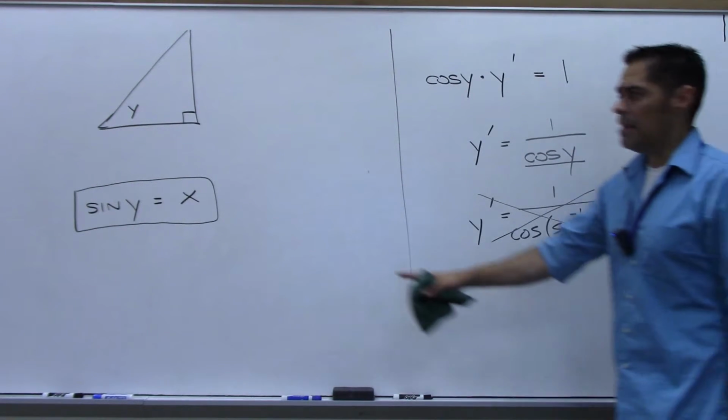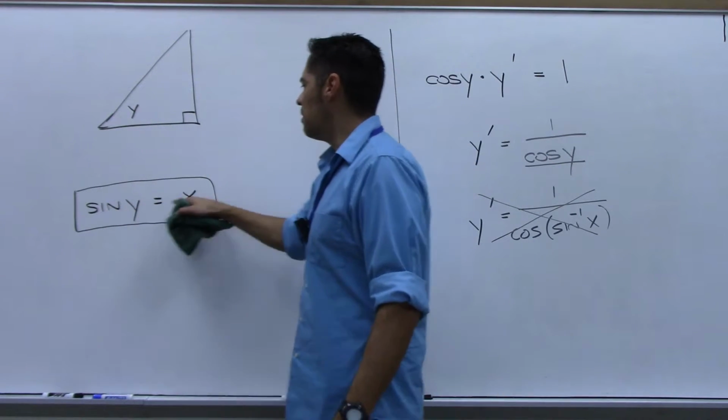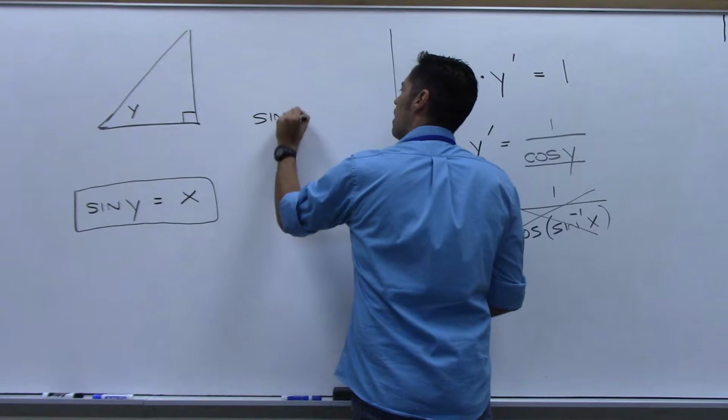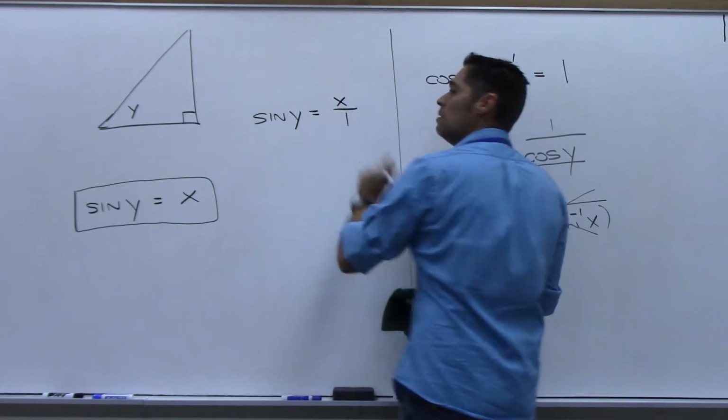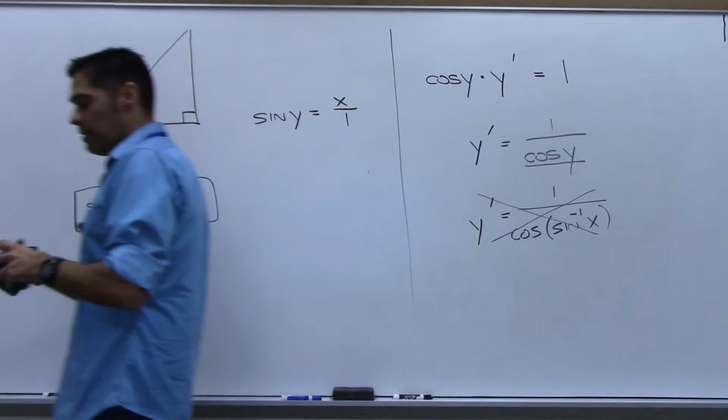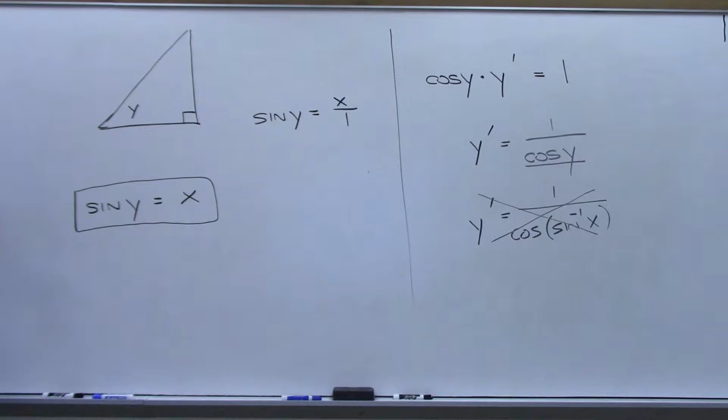And according to this, sine of y has to be x, which is the same as saying sine of y has to be x over 1. And when you're dealing with trig functions, sine is which side of the triangle divided by which side of the triangle? Opposite over hypotenuse.